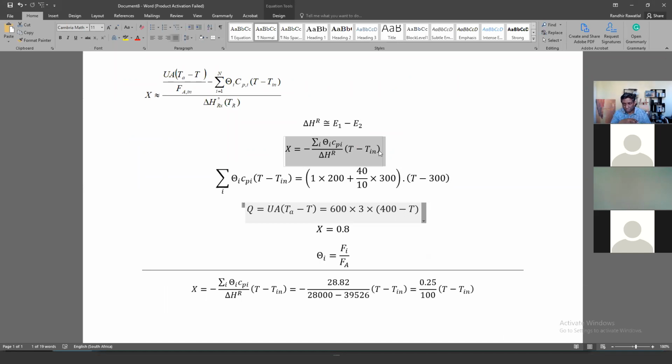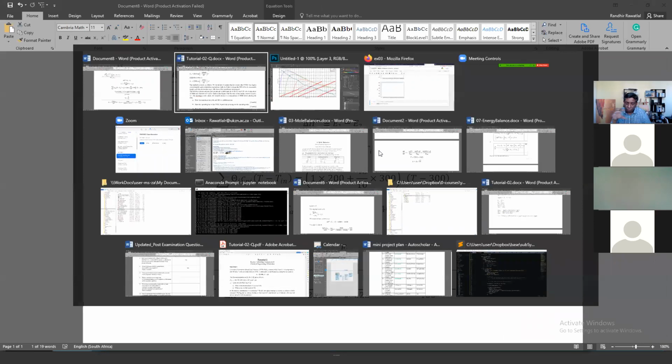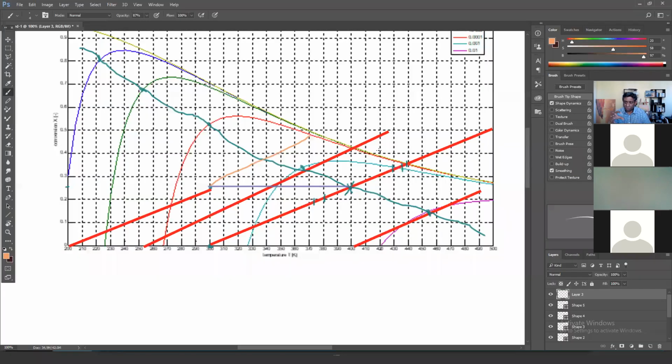The second part of the question has a plug flow reactor, and that plug flow reactor is also adiabatic. I know we have interstage cooling, but on the reactor itself, we are not adding or removing heat. So the same equation applies for the PFR as well.